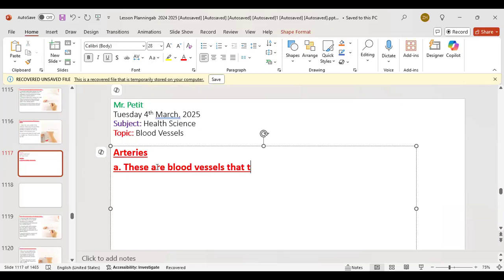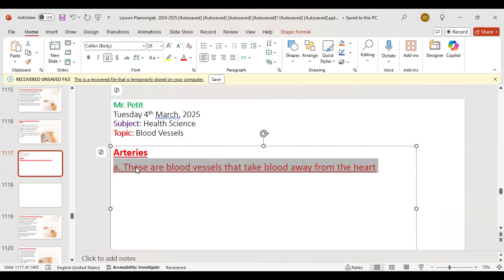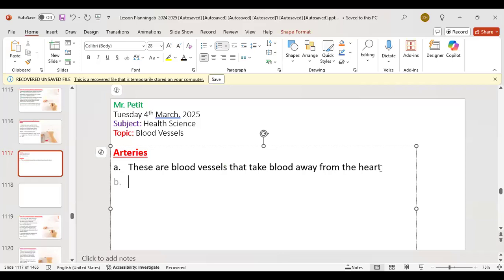These are blood vessels that take blood away from the heart. Take blood away from the heart. Mr. Petit, that helps a lot. A for away.